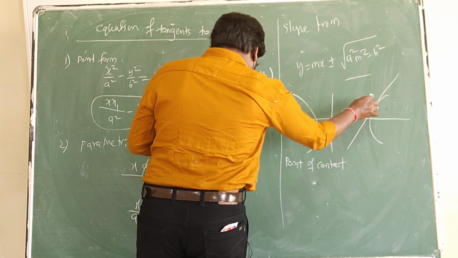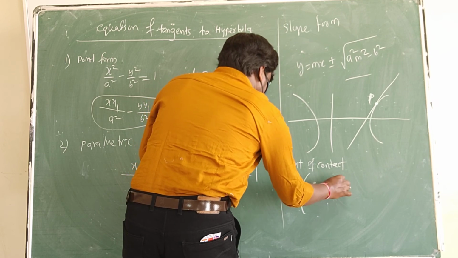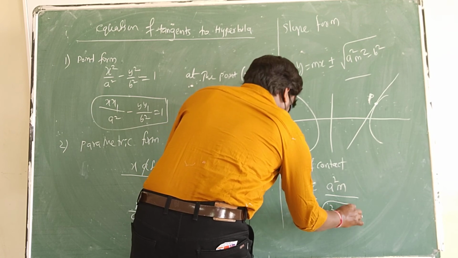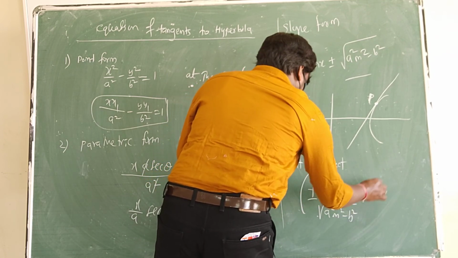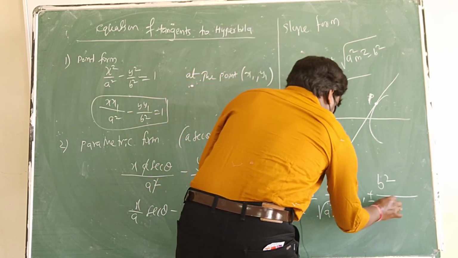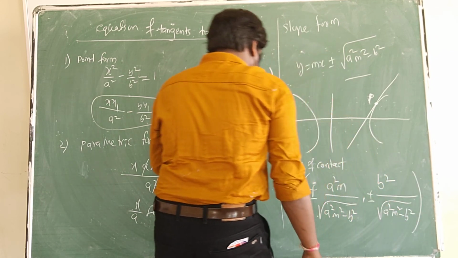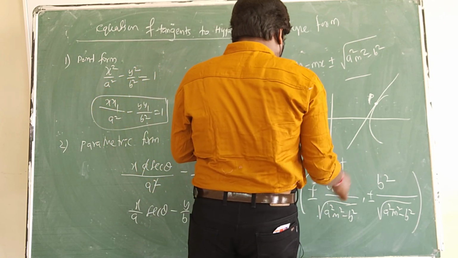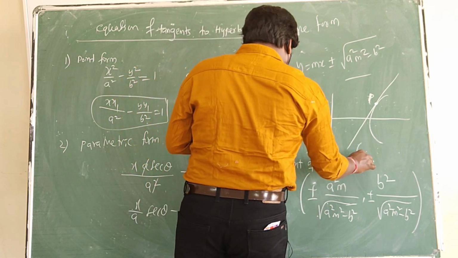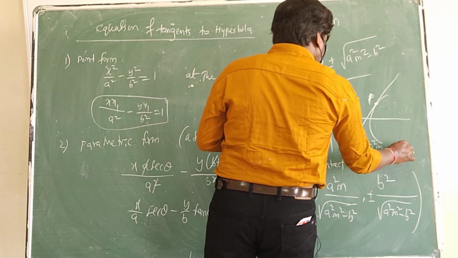This point will be plus or minus a square m by under root of a square m square minus b square, comma plus or minus b square by under root of a square m square minus b square. This can also be written another way: plus or minus a square m by c, comma plus or minus b square by c.